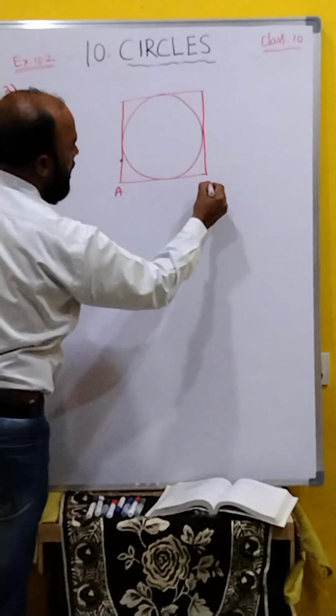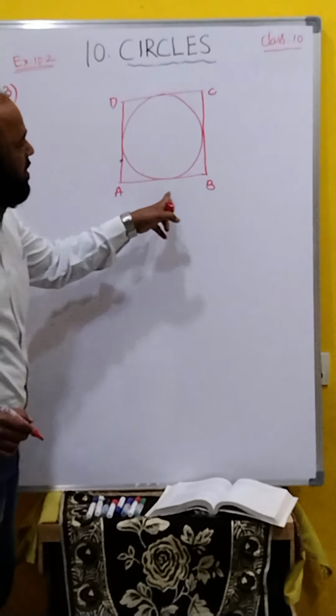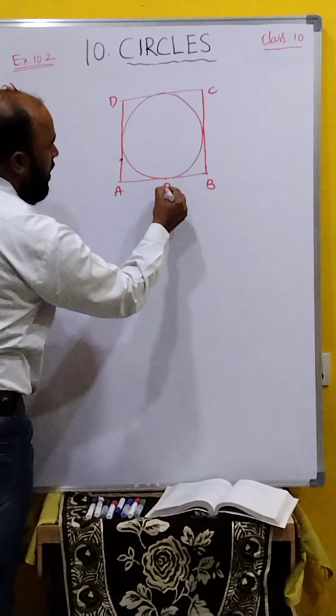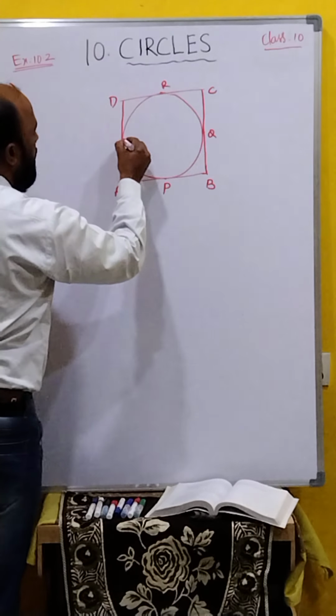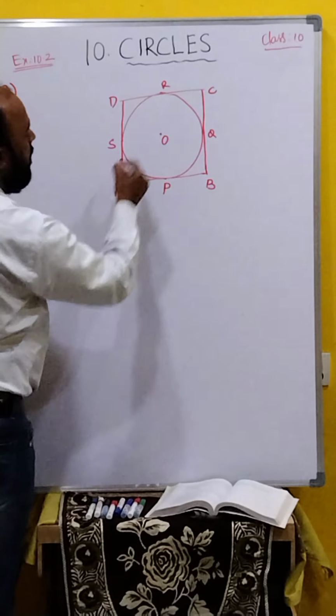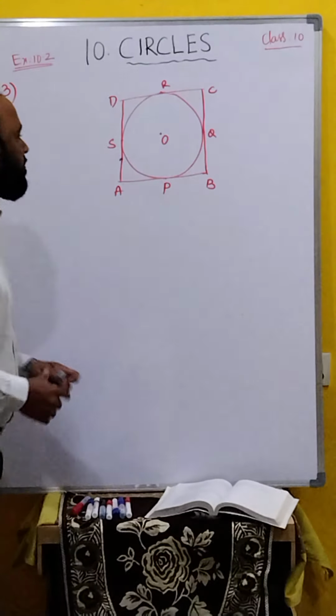A, B, C, D. And this circle is touching at 4 points P, Q and R, S. And the center of the circle is O. Clear, children? Now join it all.